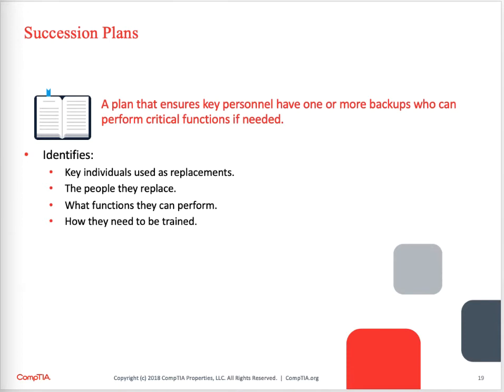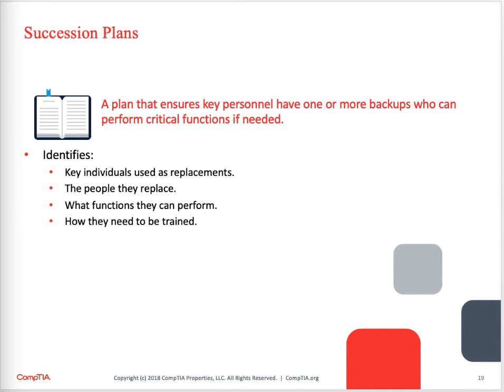But moving forward, succession plans. A succession plan is going to ensure that key personnel have one or more backups who can perform critical functions if needed, right? Same way as in the US government, right? We have a president, we have a vice president, we have a chief of staff, we have the secretary of treasury, and all those other individuals.